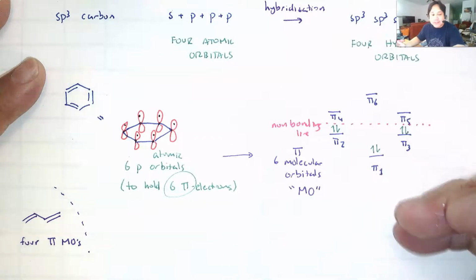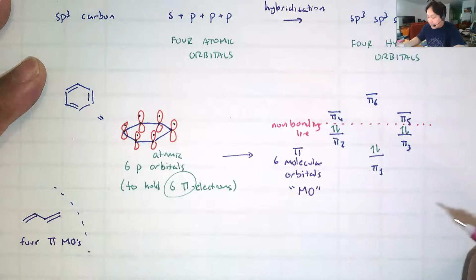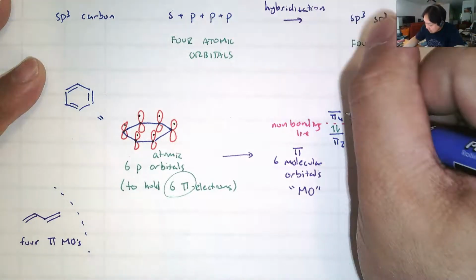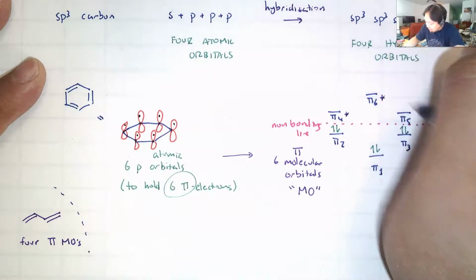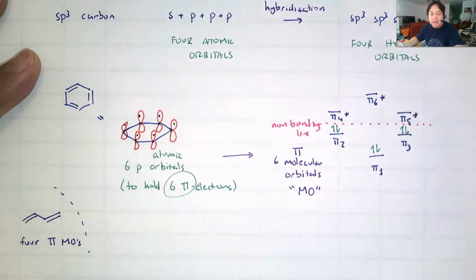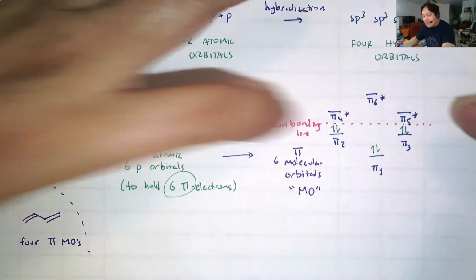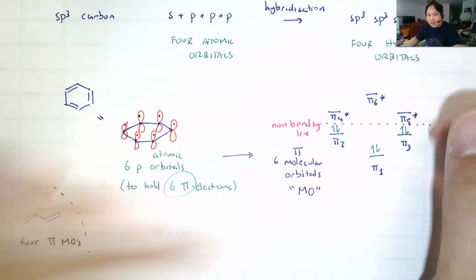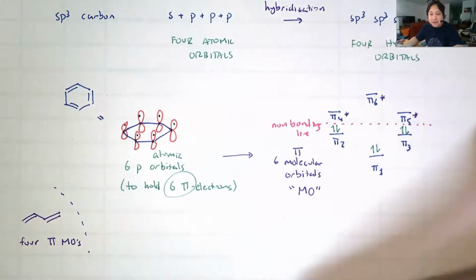Everything below it is considered a bonding orbital. Everything above it is called an anti-bonding orbital. And normally the anti-bonding orbital would have a star: pi 4 star, pi 5 star, pi 6 star. These orbitals exist. They are in the molecule, but they're not occupied.